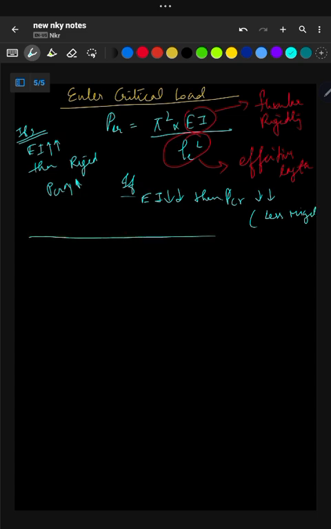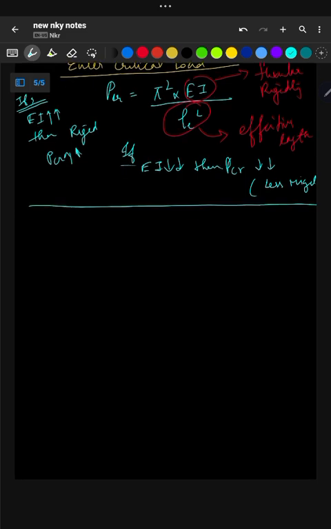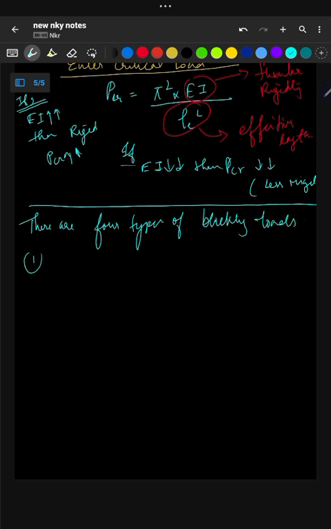After that, we will note that there are four types of buckling loads. First is both ends hinged.